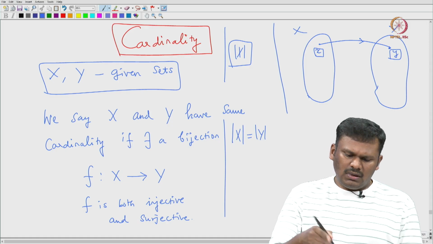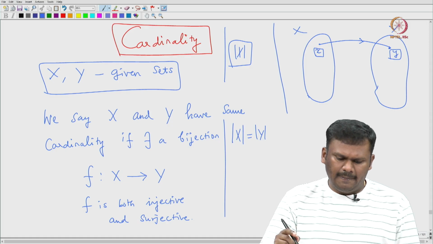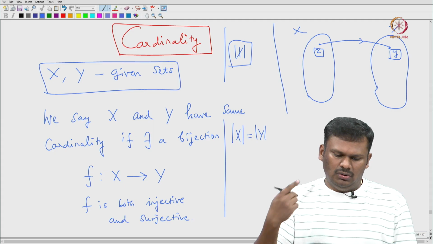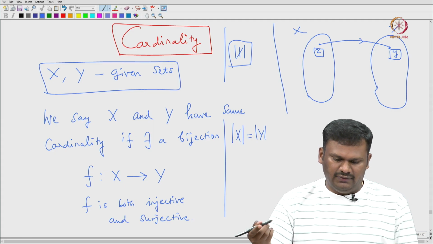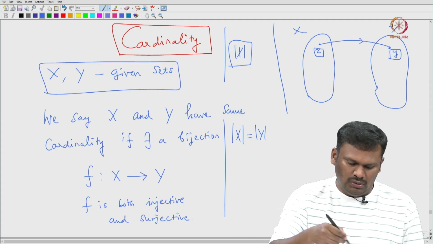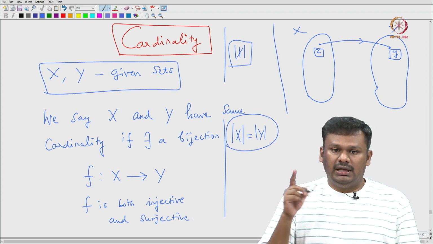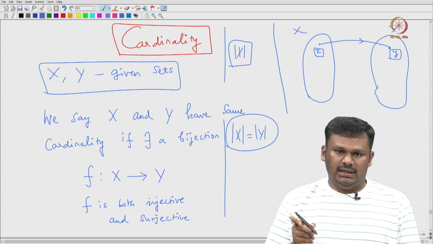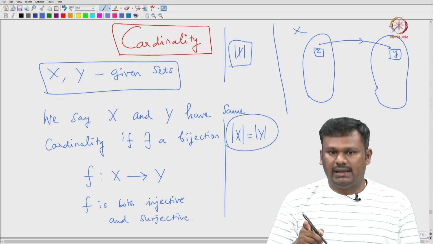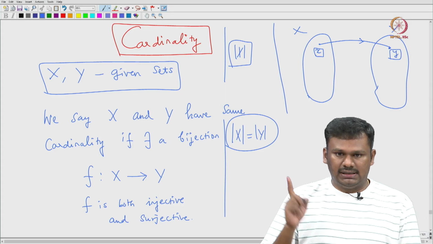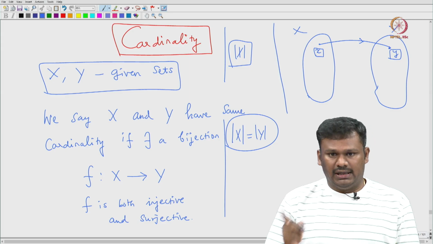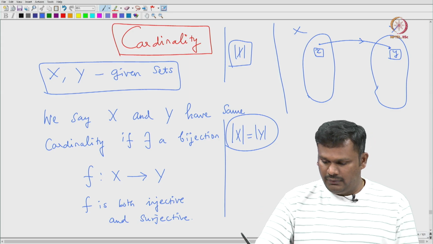So, it could be infinity, but we do not know the different notions of infinity yet. That is why it is okay to say, given two sets, whether they have the same cardinality or not. Whenever we write mod x equal to mod y, that means there exists a bijection from x to y, that is all we can say.